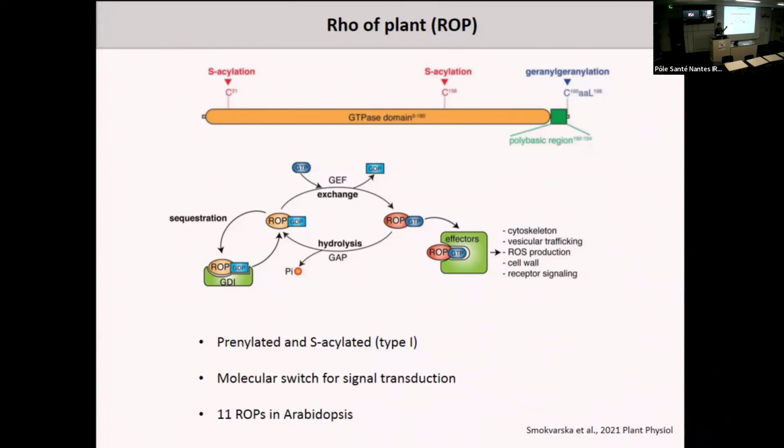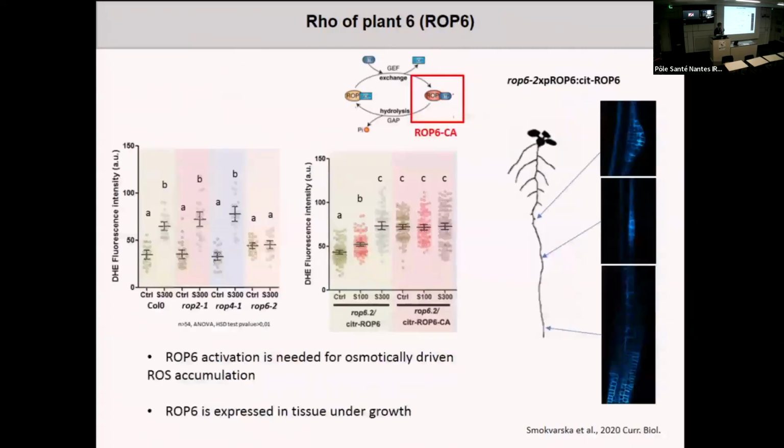They exist in two states, one active and one inactive form, and they obviously have the GEF and the GAP proteins in plants too that control the two states of the GTPase. So the first thing that we did is that we screened for all the ROP GTPases that are expressed in the roots, and then we used this ROS accumulation to see if they were implicated in the signaling that we are studying.